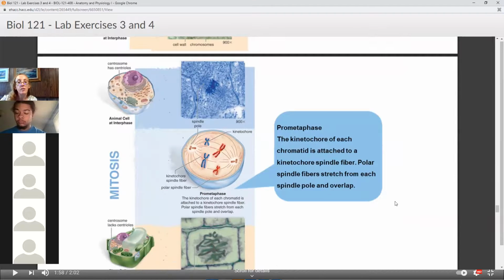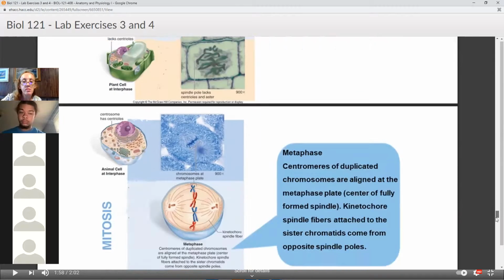The kinetochore, which is a connection point on each of the chromatids, attaches to a mitotic spindle during prometaphase, in between prophase and metaphase.